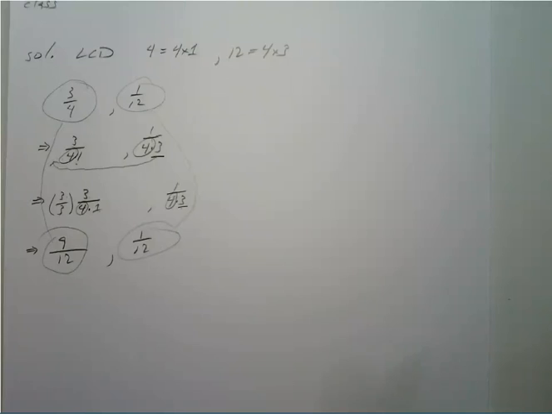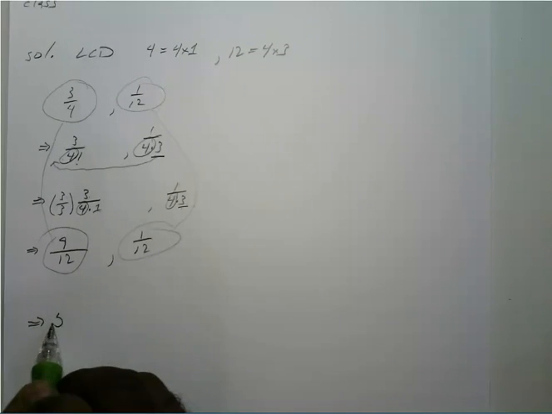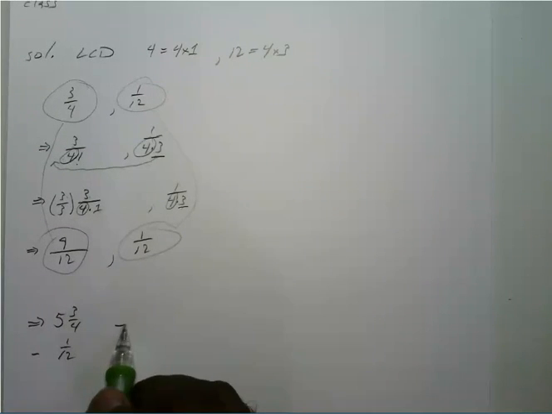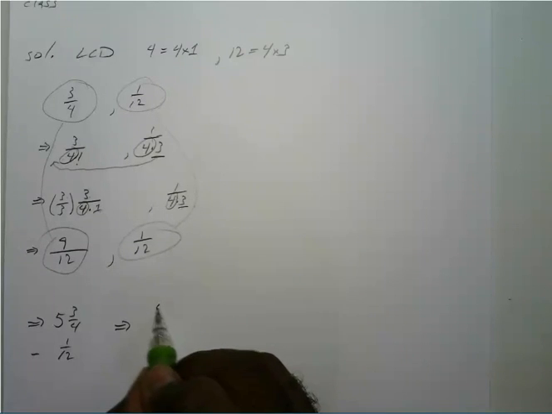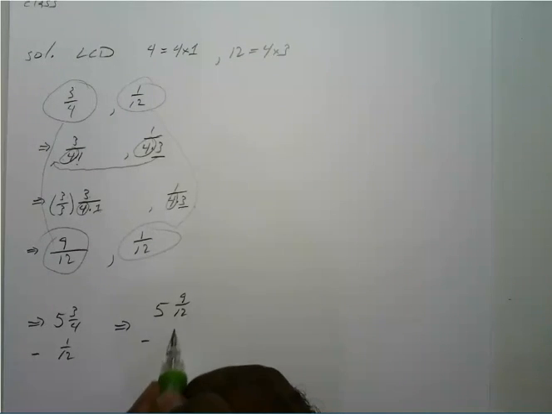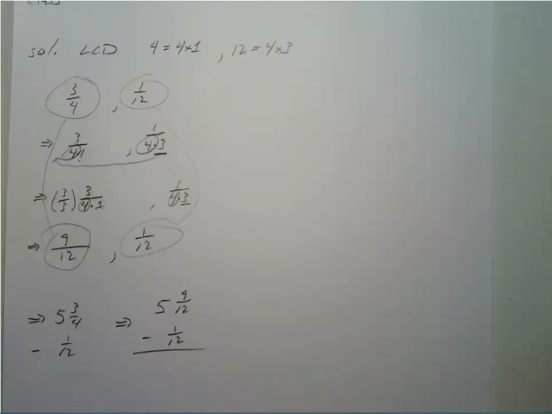All right, so now we replace them. So if we go back to our original 5 3/4 minus 1 over 12, we're going to rewrite that as 5 9 over 12 minus 1 over 12. Okay, and now we subtract.